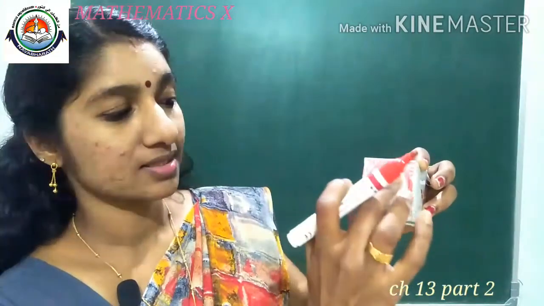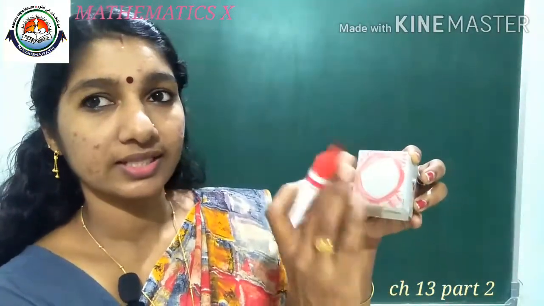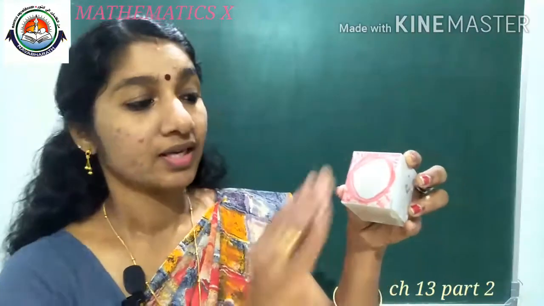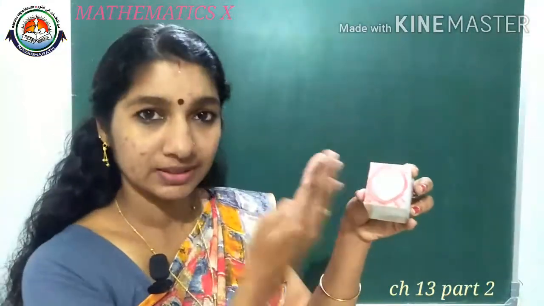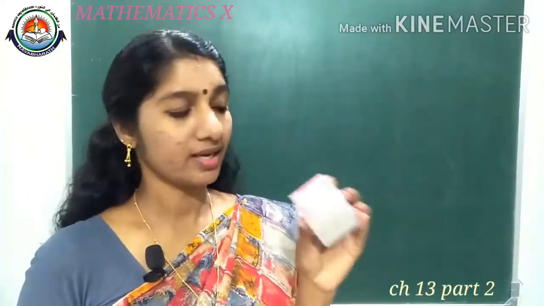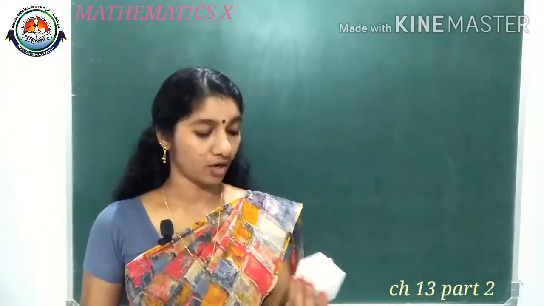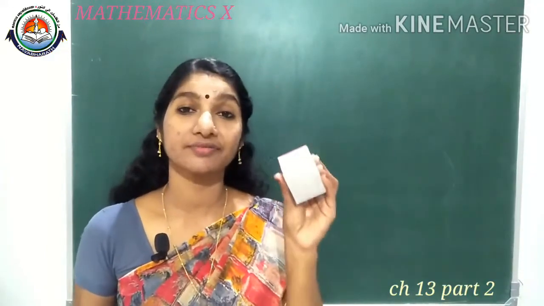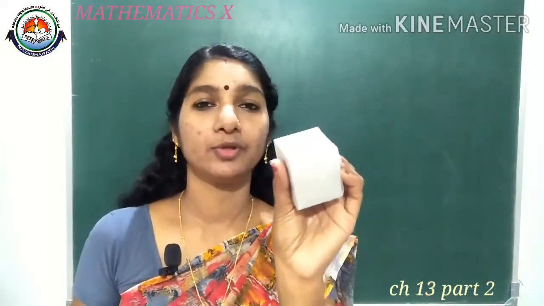Only this circular region, from that circular region the hemispherical portion is removed, means made a depth, isn't it? That means it's scooped out. Okay. Then when the object is formed like that, we need to find the total surface area of this new object.